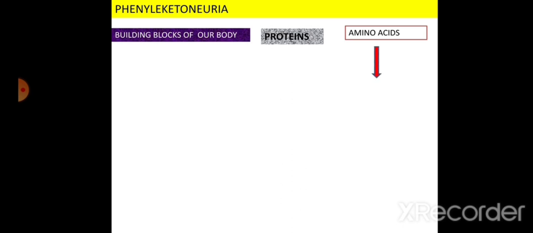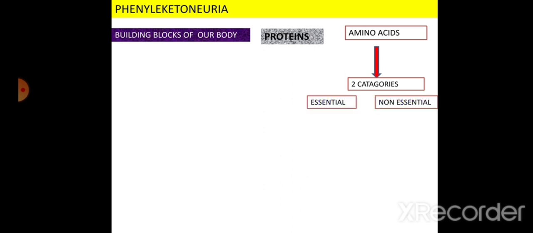Amino acids are classified into two categories: essential amino acids and non-essential amino acids. Essential amino acids cannot be synthesized in our body, so we have to supplement them through the diet. Whereas non-essential amino acids are synthesized in the body, which has a mechanism to synthesize them.